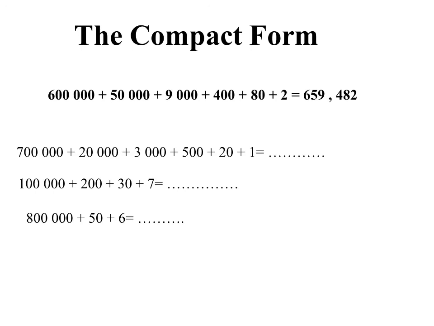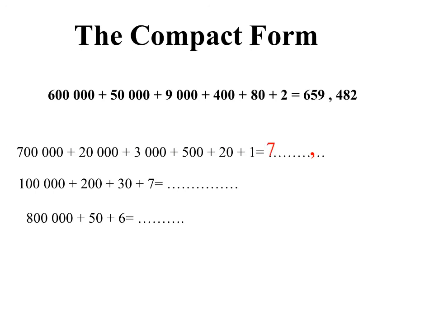Now we have 700,000 plus 20,000 plus 3,000 plus 500 plus 20 plus 1. First we have to put the comma to separate the two families. Then start. The first digit is 700,000, so we will put it in the 100,000 place without its zeros.